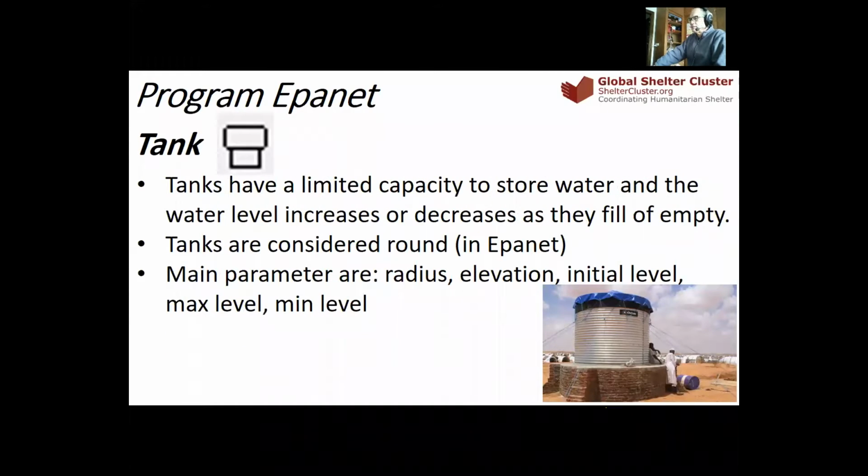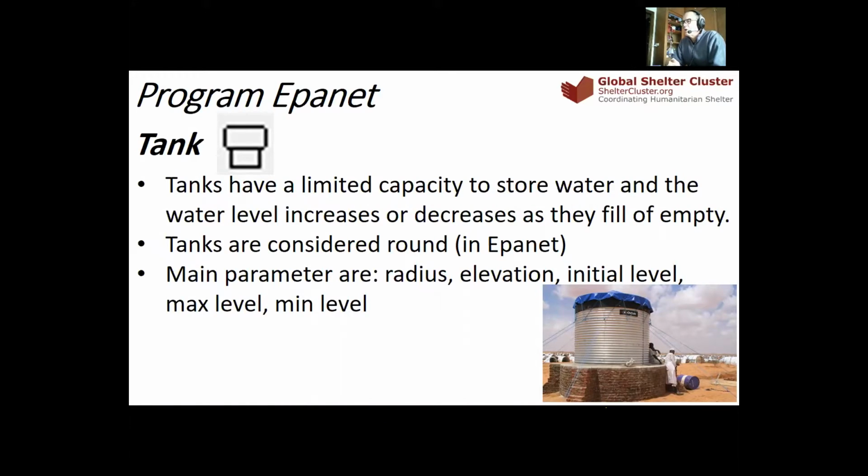Then we have the tank, like in the picture, a closed tank. Tank has several types of elevation. So the bottom, the maximal elevation, the minimal water level. These 3 elevations we have to give in the system. You have to consider that EPANET uses only round tanks. Even if in reality it's a bladder or a square tank, in EPANET it is round.